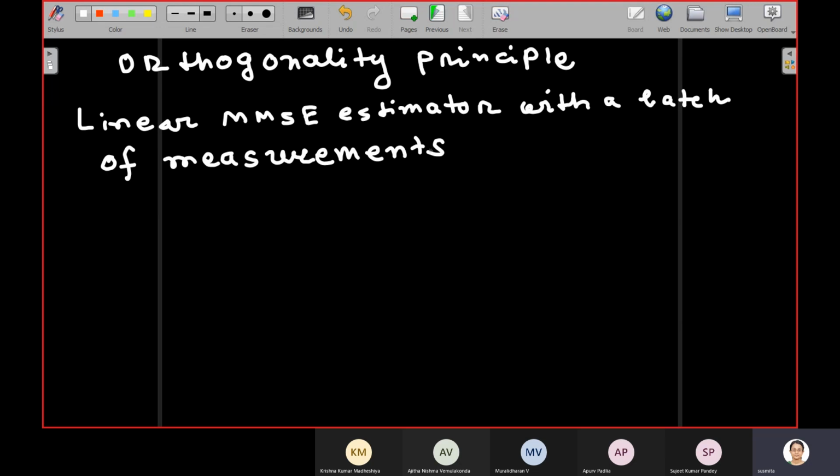So we want to derive a linear MMSE estimate with a batch of measurements. Okay.